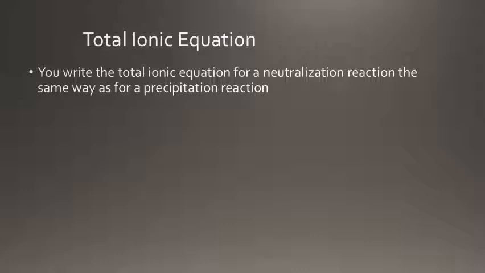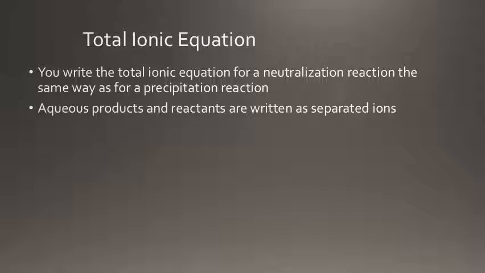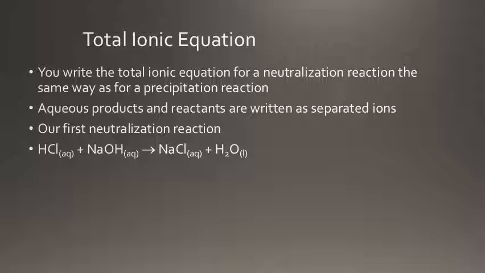So just as we've done before, we can write the total ionic equation for a neutralization. We do it the same way as we do for precipitation reactions. The aqueous products and reactants are written as separate ions, separated from each other, surrounded by water. So this is our first neutralization reaction.